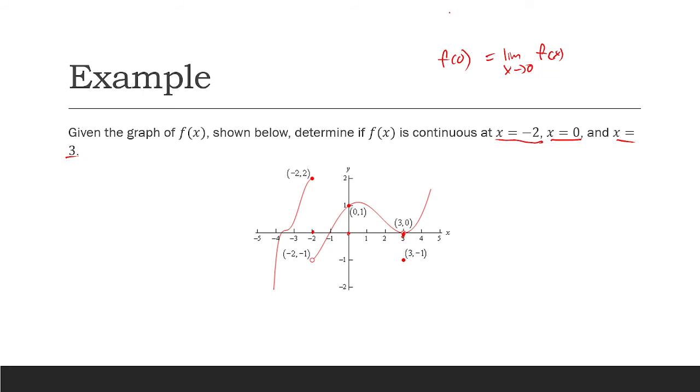Ganun din for f of 2. Equal ba siya sa limit of f of x as x approaches 2? And for positive 3, kailangan yung f of 3 natin is equal to the limit of f of x as x approaches 3. Kung masasatisfy natin yung equation na to, then they are continuous at that point.